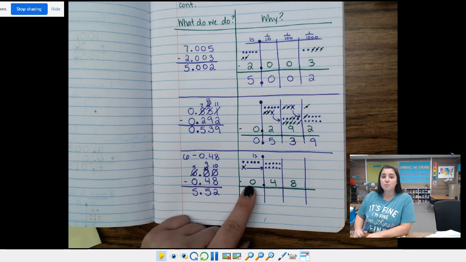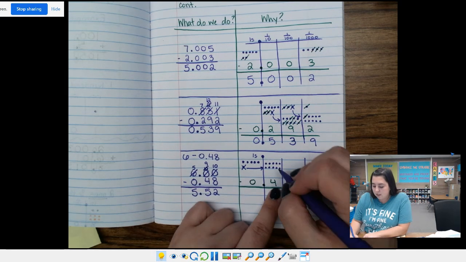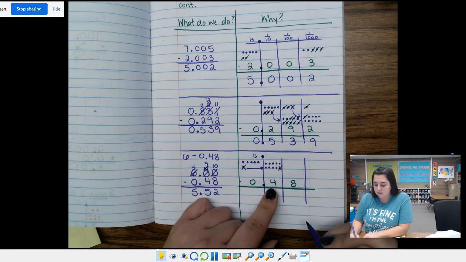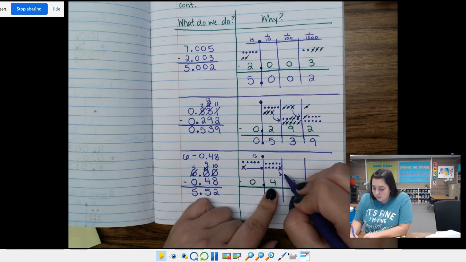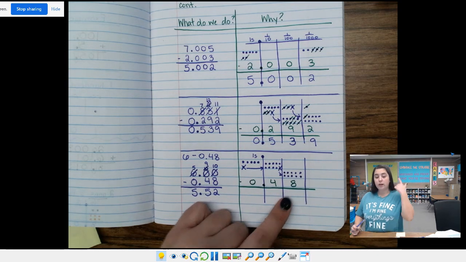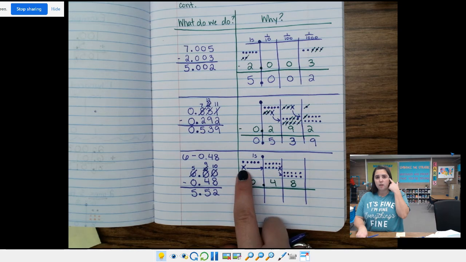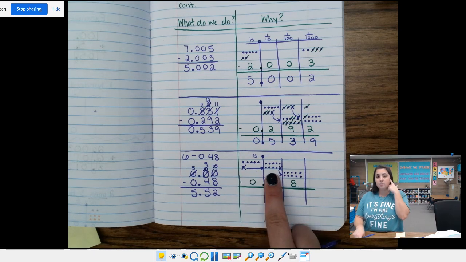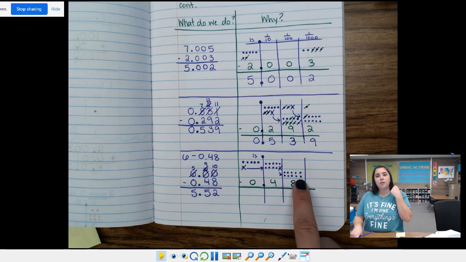Okay, now I need to make some pennies. So I'm going to take away one of my dimes and I'm going to get 10 pennies for it. There we go. So what I just did, I took $1 away and I got 10 dimes for it. Then I took a dime away and I got 10 pennies for it.